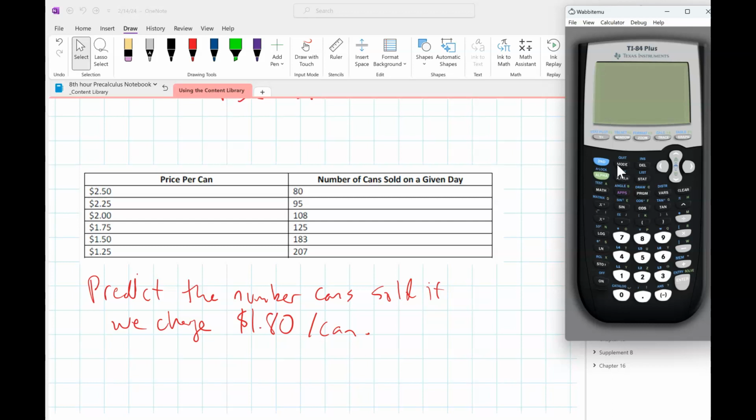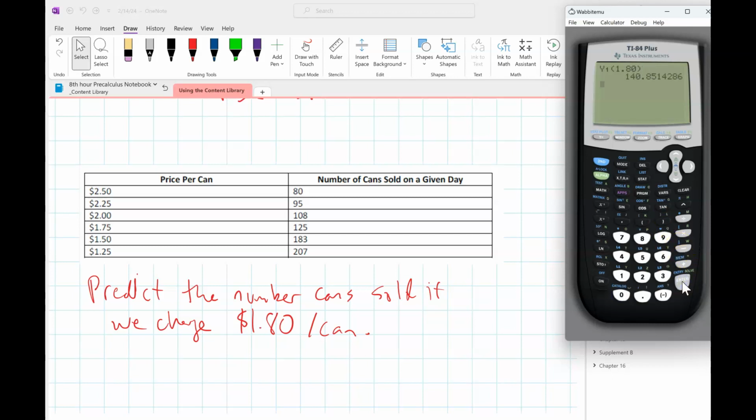So to do that, I want the y1. So I'm going to go back to the vars, over to yvars, select the function option, select y1, and then I'm going to write this like a function notation. So I'm going to have a parenthesis and then type in 1.80 and then close my parenthesis. Like it's a function notation, like f of 5 or something, where it tells you to plug 5 in for the x, right?